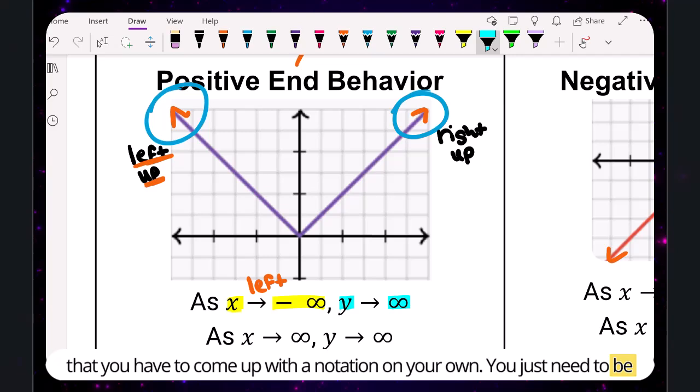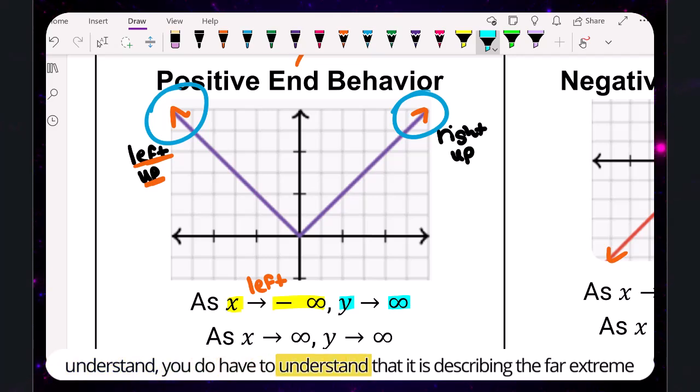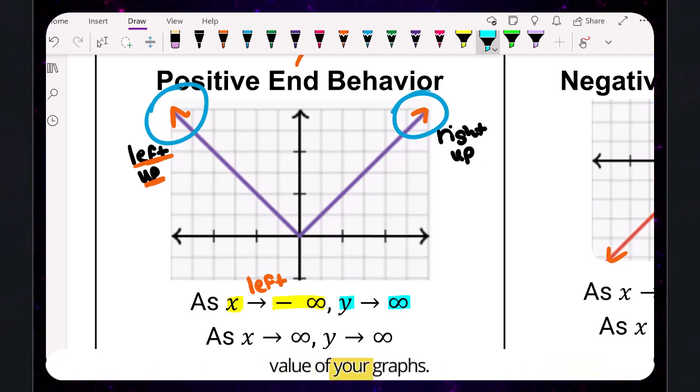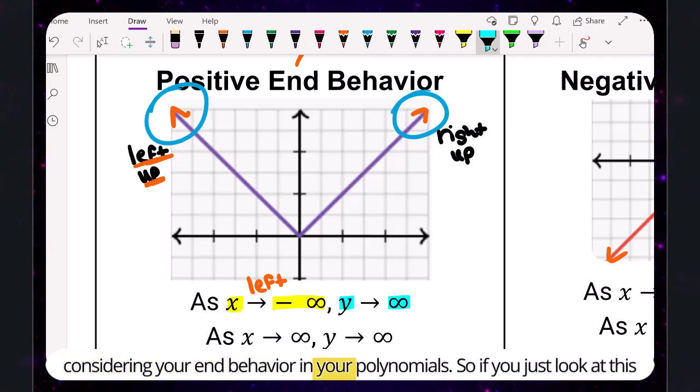You just need to be able to see this notation and understand it. You do have to understand that it is describing the far extreme value of your graphs. So look at your arrows. That's all that you need to be looking at when you're considering your end behavior in your polynomials.